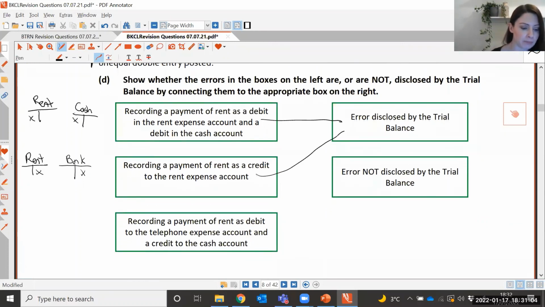And then the last one, recording a payment of rent as a debit to the telephone expense account and a credit to the cash account. Good. Yeah, so it wouldn't be disclosed. So if we were to draw it out, so it's payment of rent, so they've put it in the telephone.